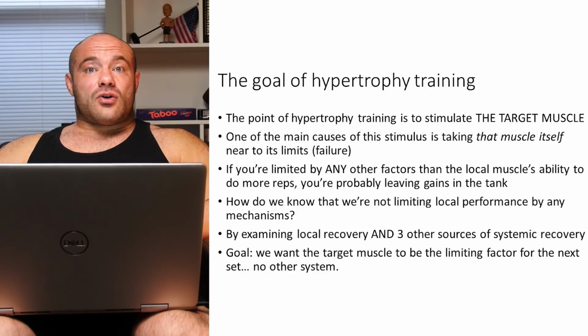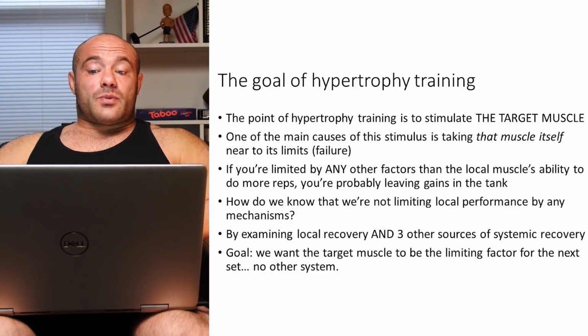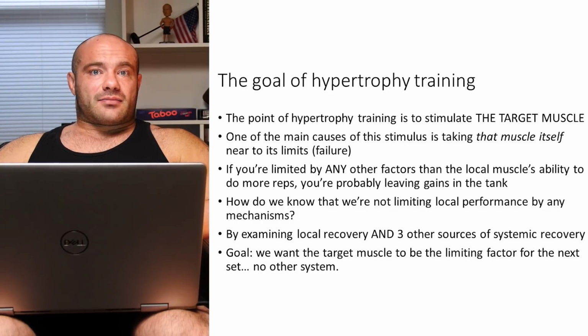So how do we know? Basically, the answer is we have to stimulate the muscle as much as we can, or to a sufficient extent locally, the muscle itself, and not be limited by anything else. How do we know we're not limiting local performance by any other mechanisms?